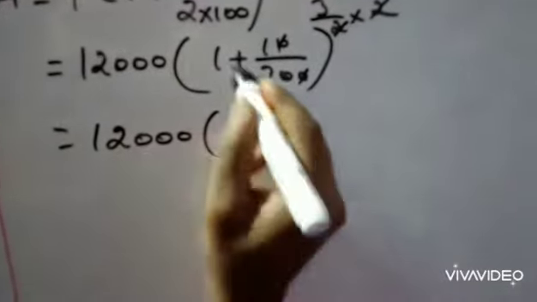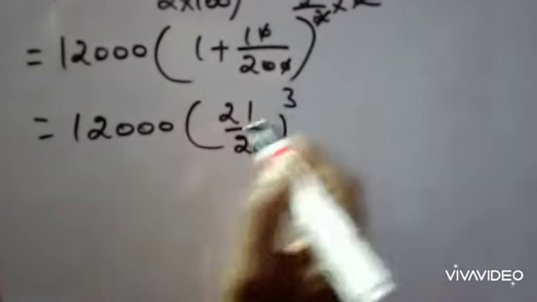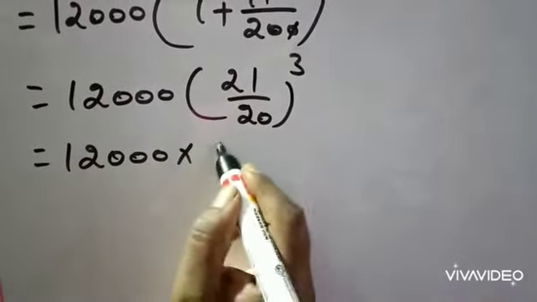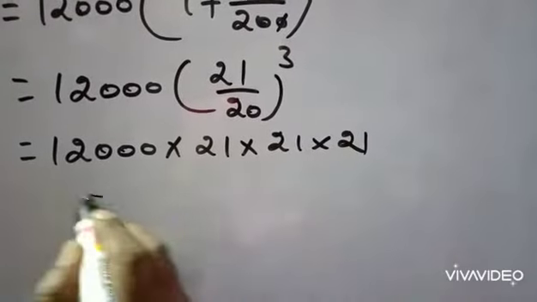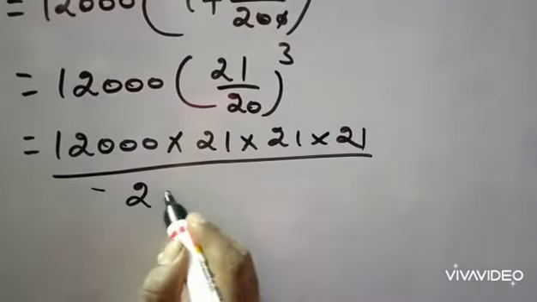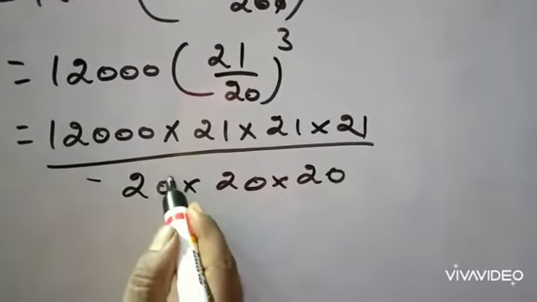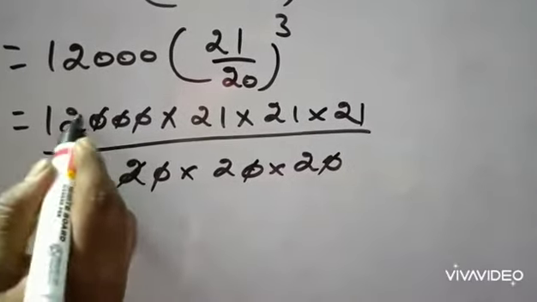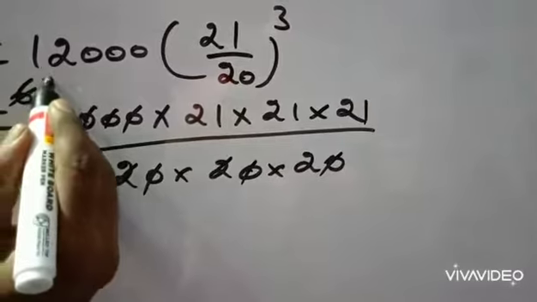20 plus 1, 21 by 20, power 3, equal to 12,000 into 21 into 21 into 21 by 20 into 20 into 20. So 3 zeros we can cancel. Next 1, 2 we can cancel, it is 6. Next again 2, it is 3.